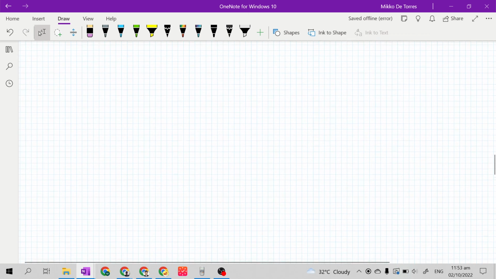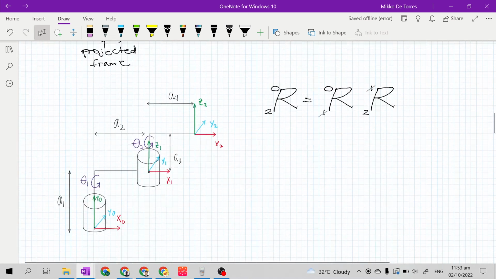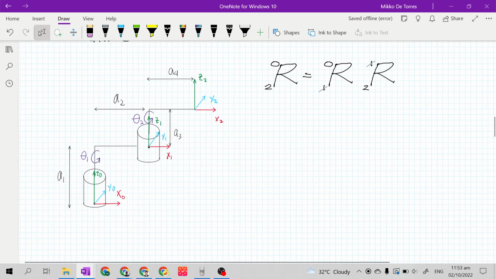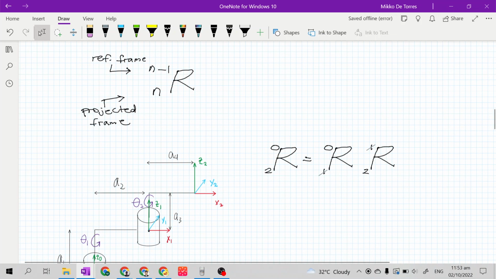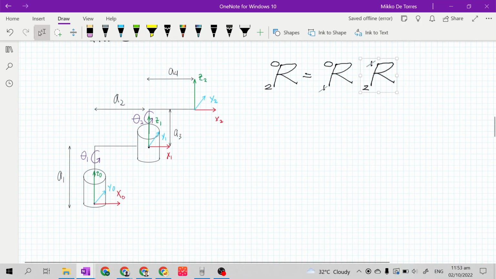For the next video, we will derive the R01 and R12 for our SCARA manipulator. So what we will derive is the R01 and the R12 before having the whole rotation matrix, which is R02.